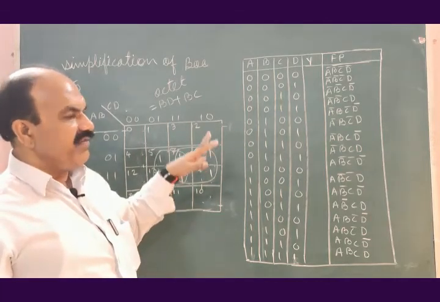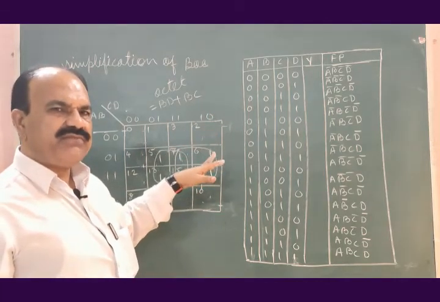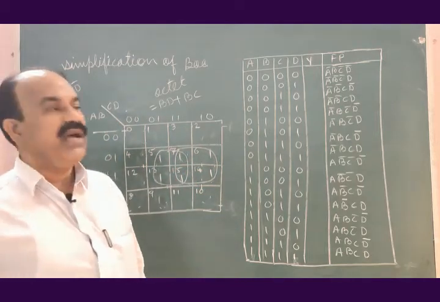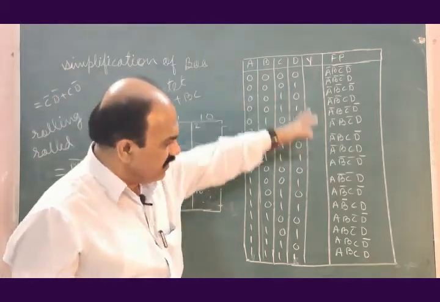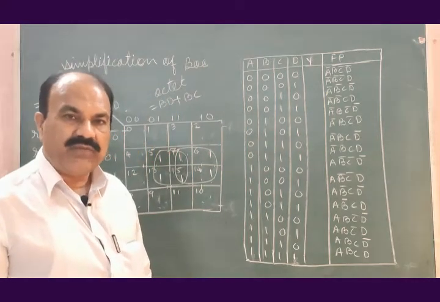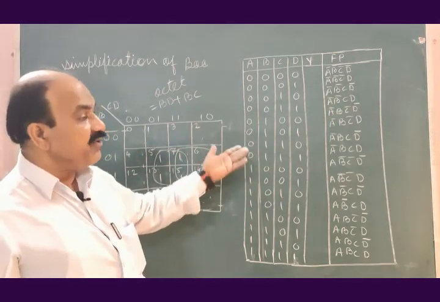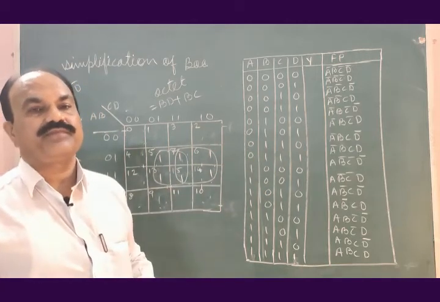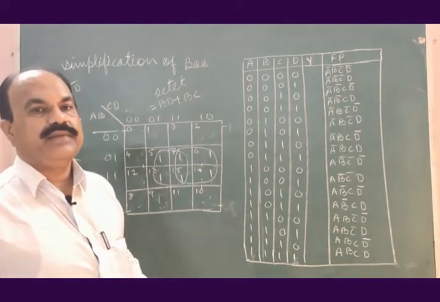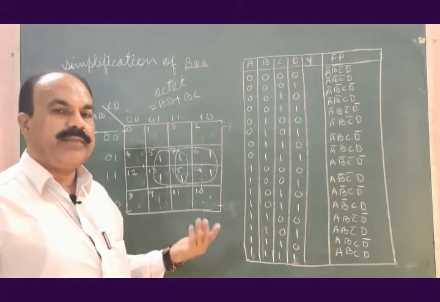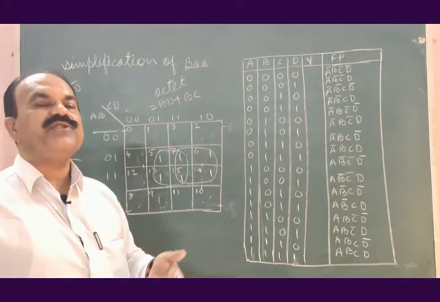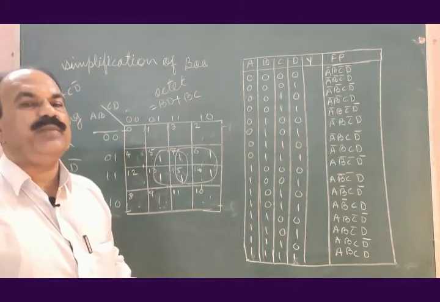You may be given an equation and asked to simplify it by using K-map, or you may be given a truth table and asked to implement the truth table after simplification by the K-map. So it can be simplified very easily, and very small hardware is needed to implement it.